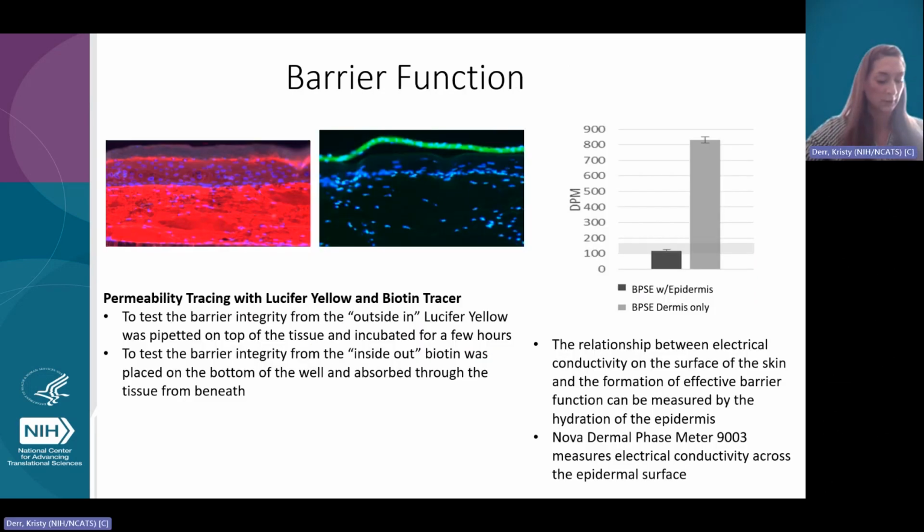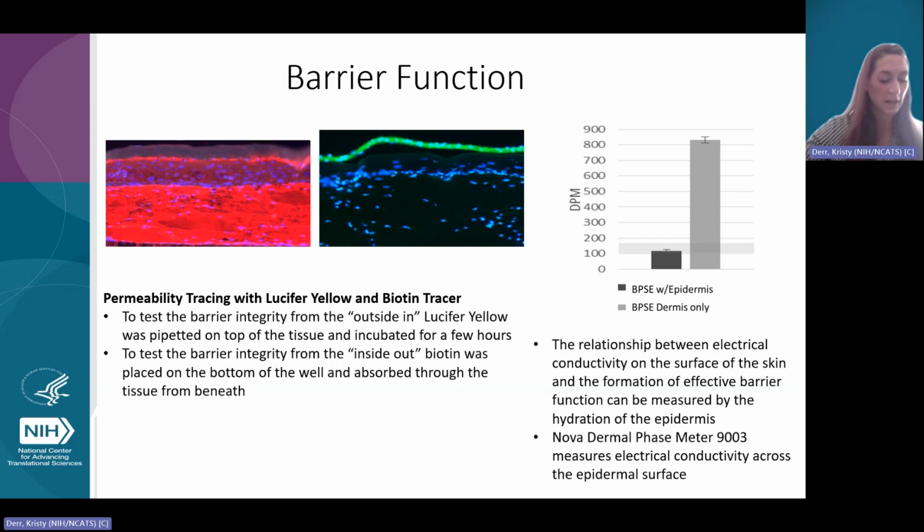Next is permeability. These are very important assays to show that you have a good barrier function. We did this by doing a lucifer biotin assay. The biotin's in the red. This tests the inside out.